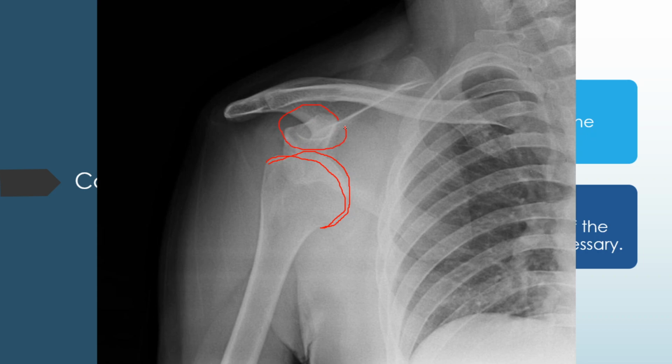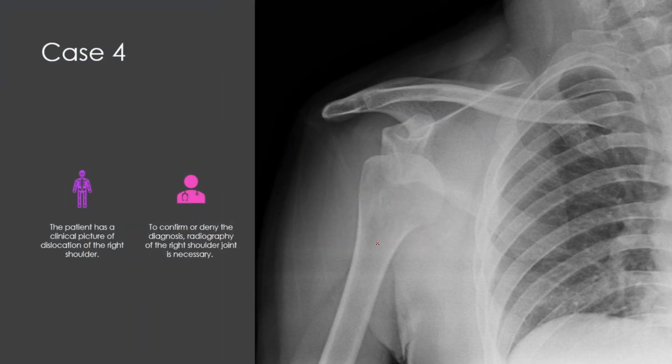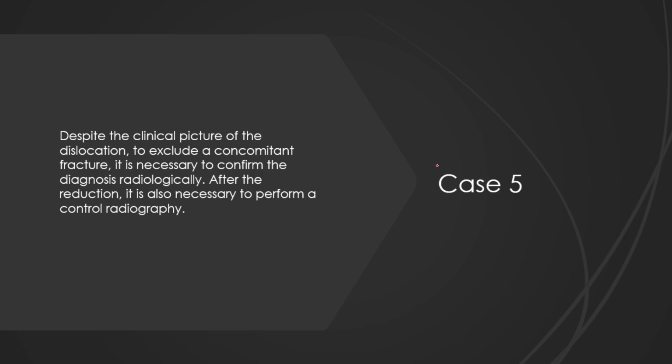It needs to be there in the normal situation, and it is lower. Okay, it is a dislocation of the joint. Remember that we always need to do an X-ray for these patients.